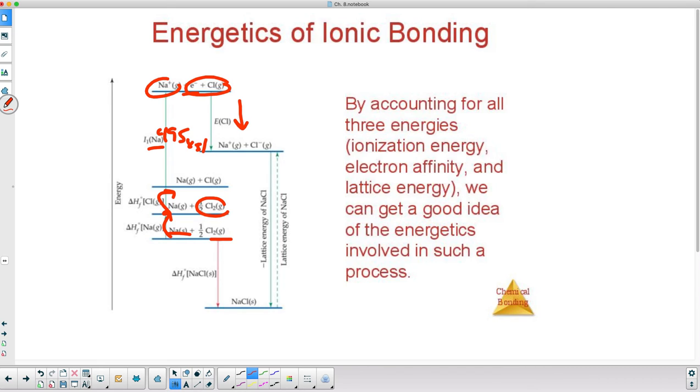When we go down, we're giving off energy. So we climb up, up, and up until we get to the electron affinity, which gives off energy. And then here's where the lattice energy drops all the way down. Lattice energy is a huge part of why there's so much energy given off when you put sodium and chlorine together. So that's about it for lattice energy.